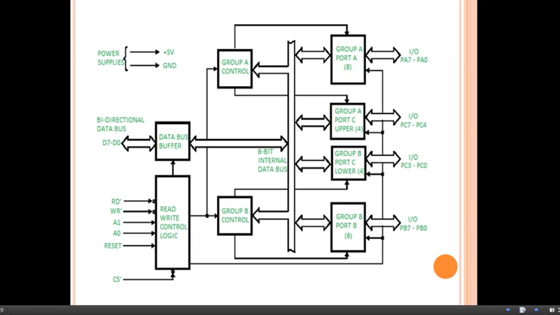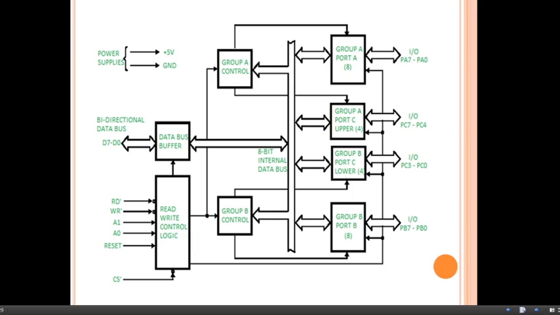Group A and group B control blocks receive commands from the read-write control logic to accept bit patterns from the CPU. Here we can observe the read-write control logic is giving the signal to group B control as well as group A control.